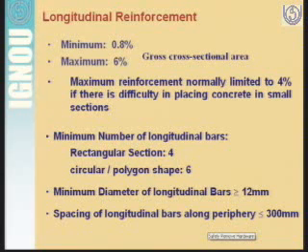So this is the maximum limit, 6%. But for the ease of placing and compaction of concrete, generally this maximum limit is kept within the limits of 4% of the gross cross-sectional area.